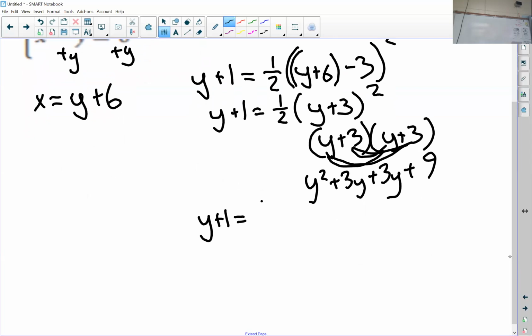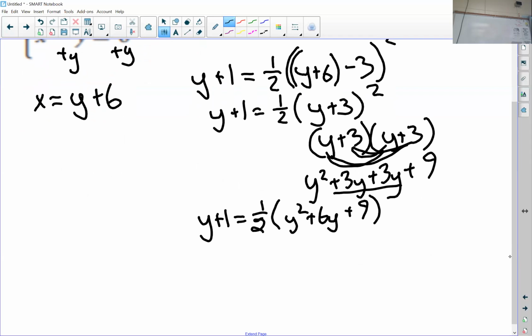So y plus 1 equals 1/2 y squared plus 6y plus 9. Now I distribute. But I don't want to do that, because if I distribute, that's going to make 3 fractions.